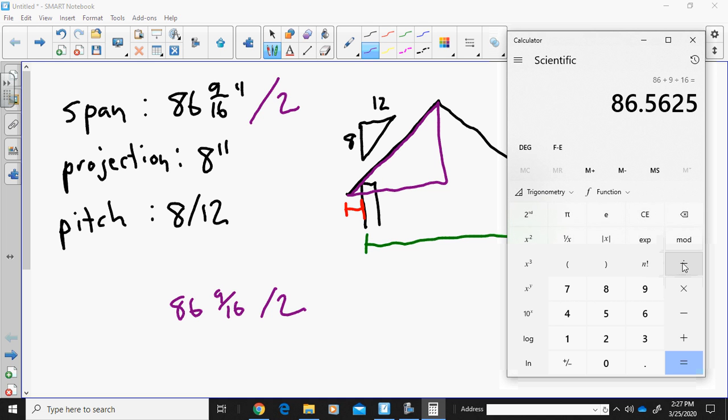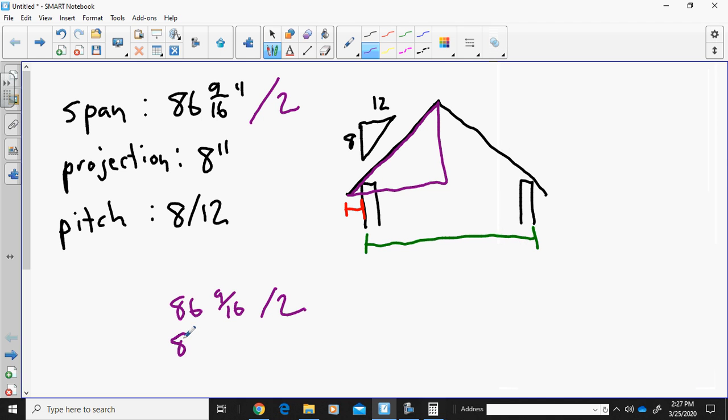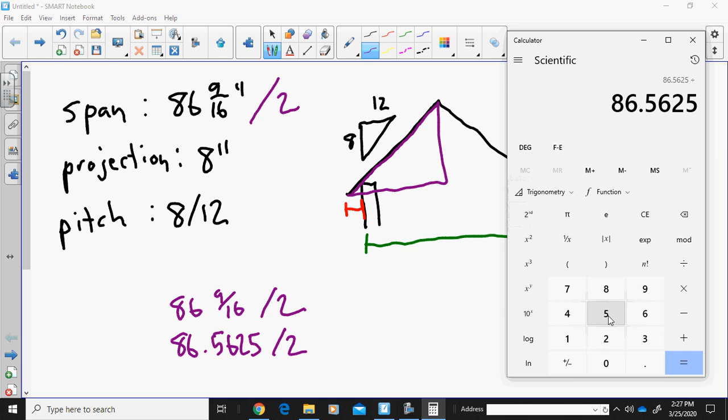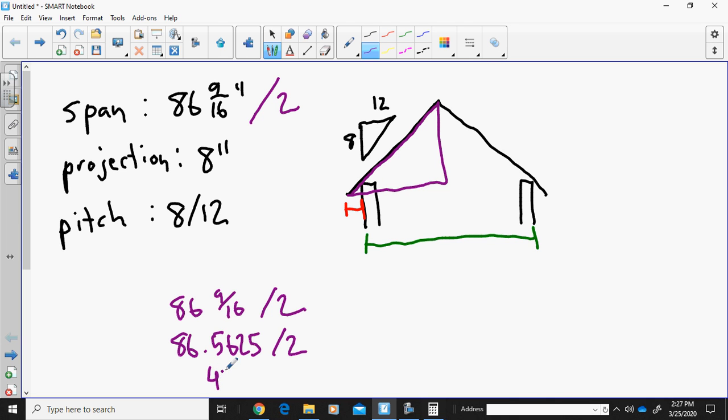We're going to divide that by 2. So we have 43.28125 inches.